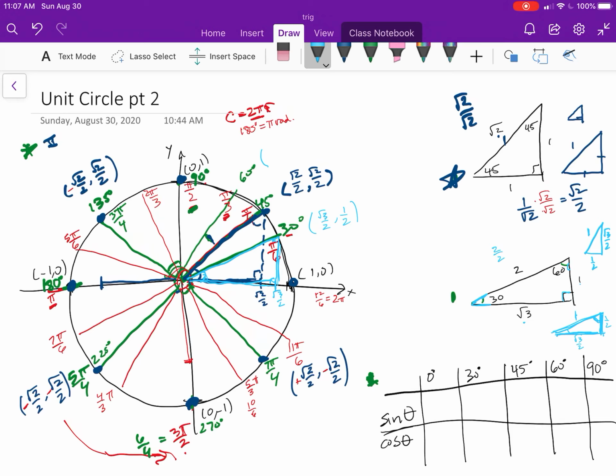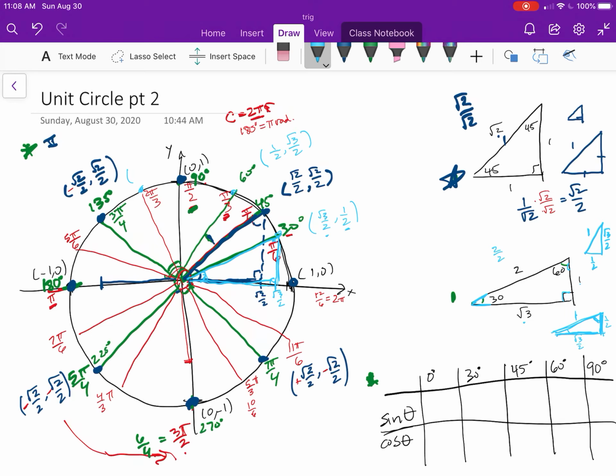So all that did is change the x and the y. Okay, and that's an easy trick for all of these. They all, notice, either have square root of 3 over 2 or a 1/2. Every coordinate on this unit circle that has a 30-degree reference or 60 will be 1/2 or square root of 3 over 2. Here's how to make this easy.